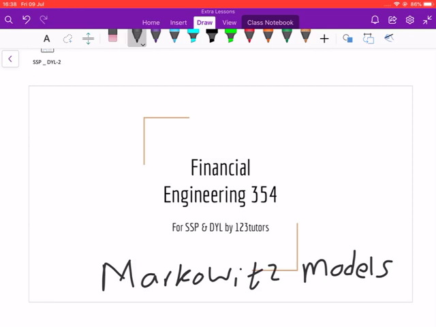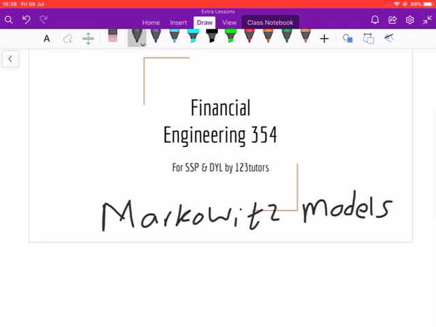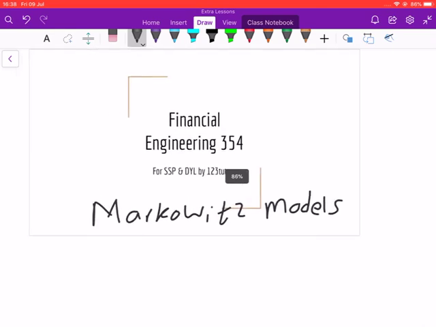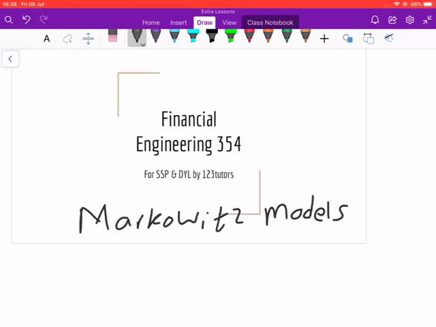So we use Markowitz Model to find the lowest risk for a return, right?